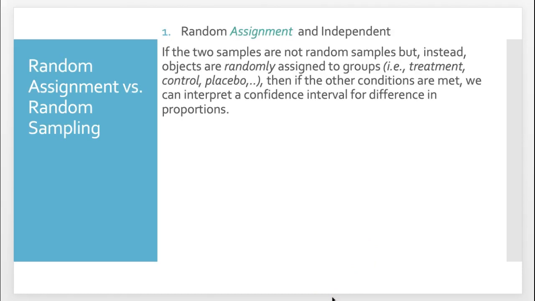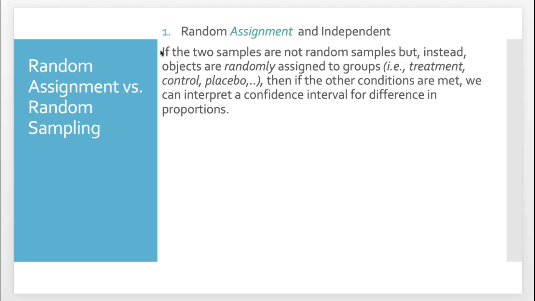One other thing we want to add is that in other examples, we usually talk about random samples, but we could have random assignment instead. That means the two samples are not random samples, but objects are randomly assigned to groups.